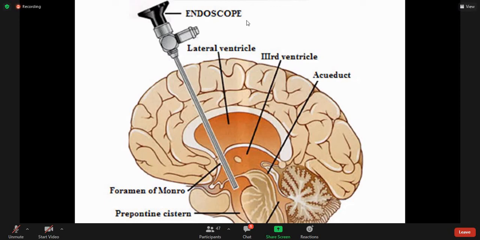Okay, this is the third ventricle. We make a hole in the floor of the third ventricle and open this third ventricle into the subarachnoid space, enlarged subarachnoid space, which is cistern. This is the procedure of third ventriculostomy.